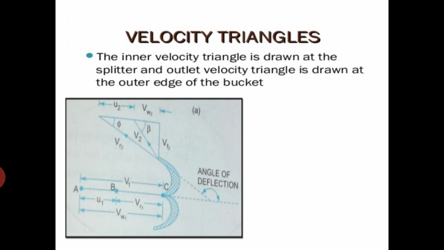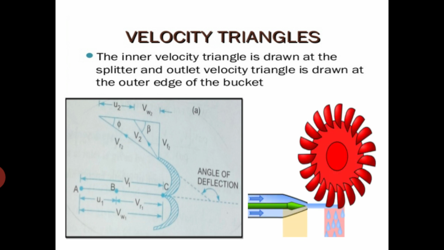So this picture shows how the jet is striking the blades of the bucket, as the water energy is being transferred, that is, the water is applying a force on the buckets, and the force is being transferred from the bucket to the runner, and runner to the shaft, and shaft to the generator.